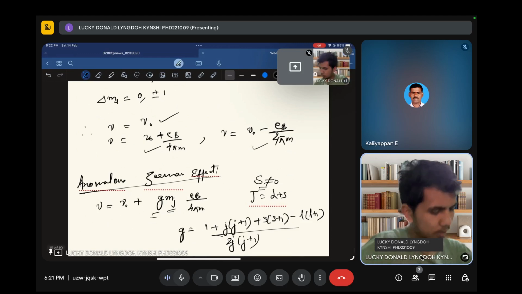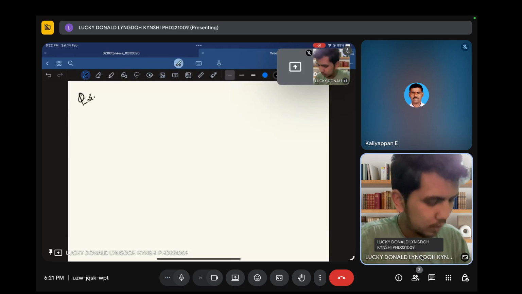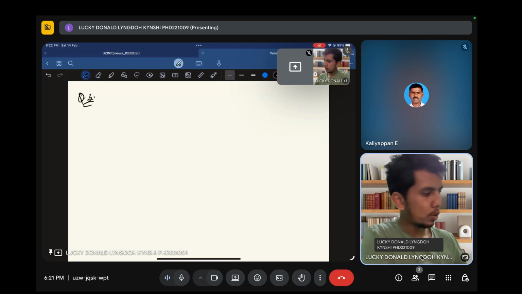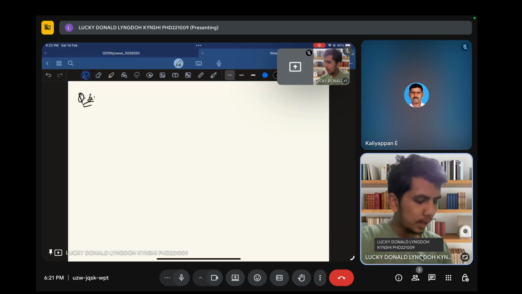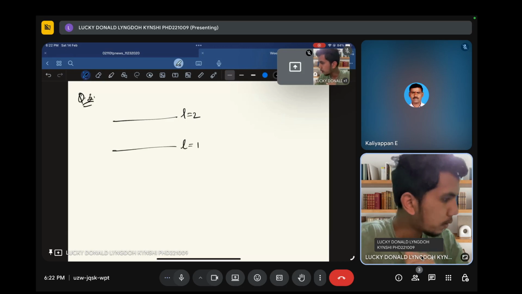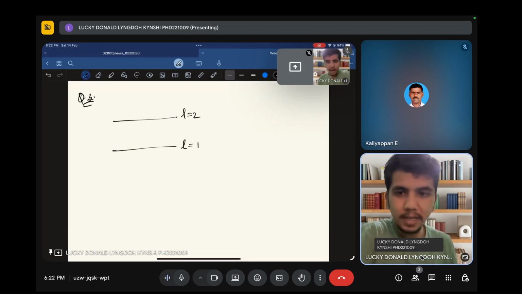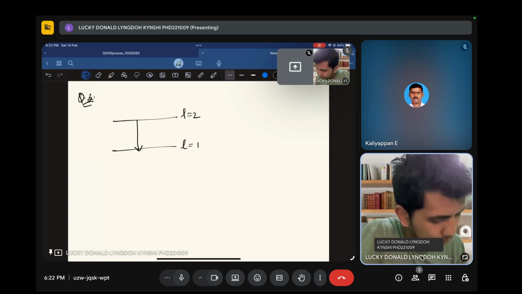Now, the first question from your problems. I will not write out the problem, it is available with you. The problem is that you have to consider a transition from L equal to 2 to L equal to 1. Ideally, without the interaction with the magnetic field, you would have only one transition.